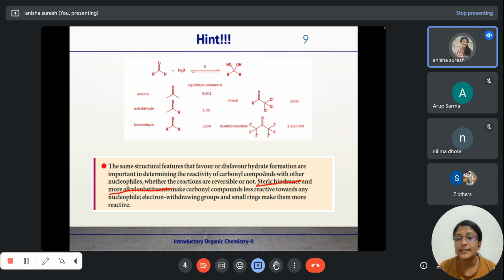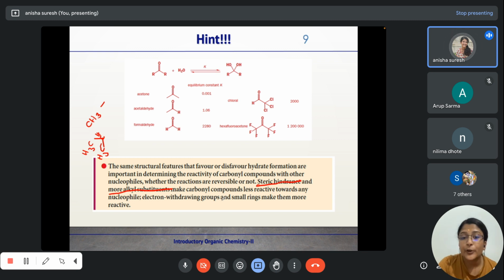These alkyl substituents reduce the electrophilicity of the carbonyl carbon, so the carbonyl compounds are less reactive towards any nucleophile. Alkyl substituents can be CH3, or anything, primary, secondary, or tertiary.